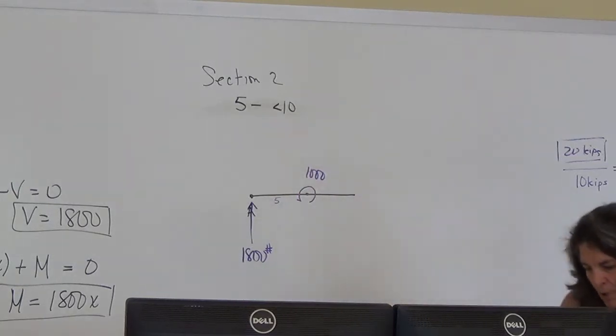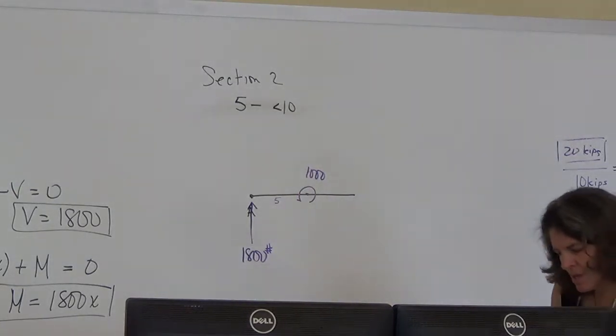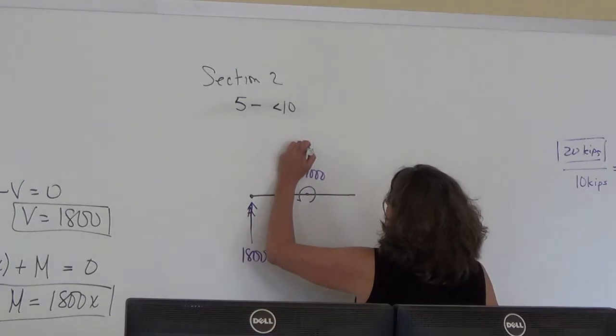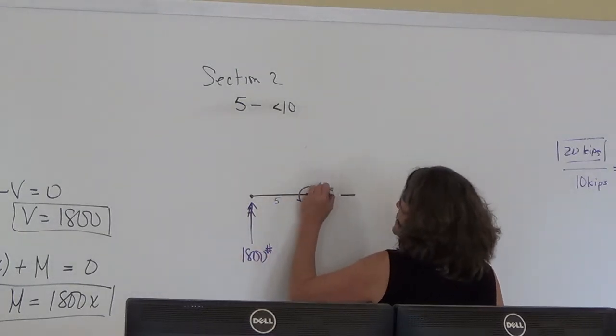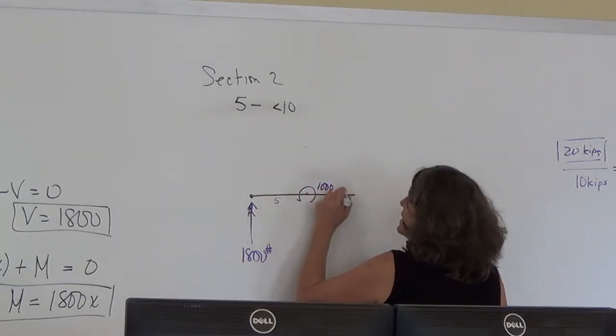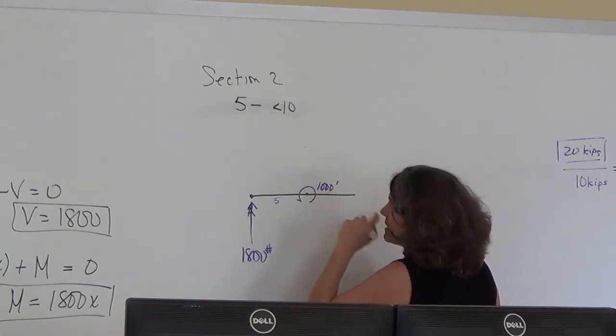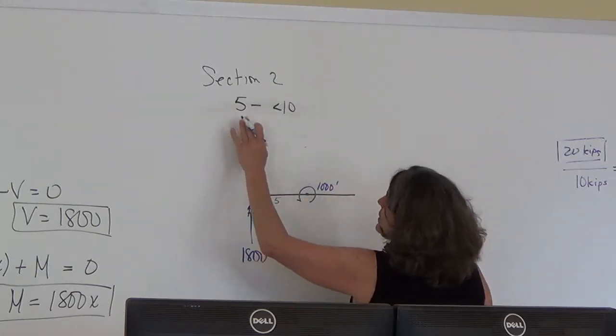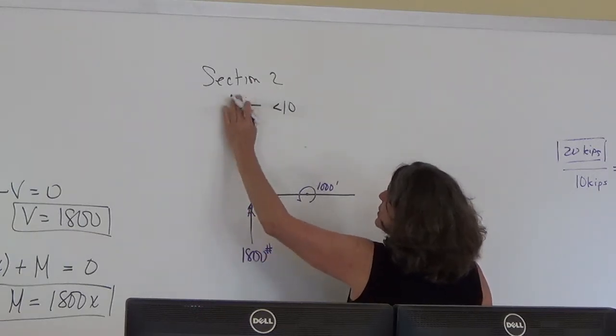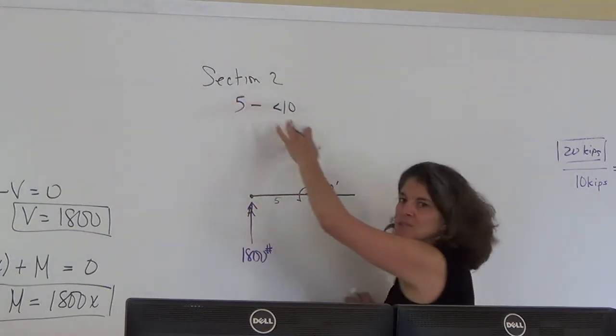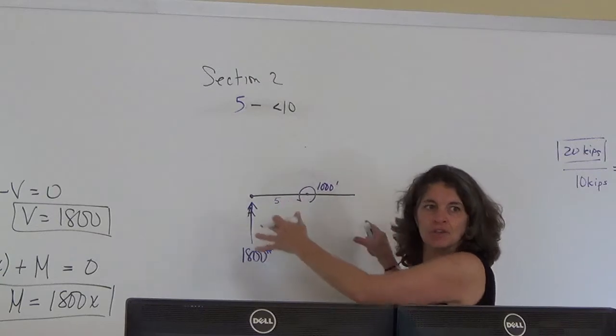The concentrated moment is 1,000, and the load here, I thought we were going from 5 to 10. But the section is 5. Don't get confused by this. Let's just look at the drawing.